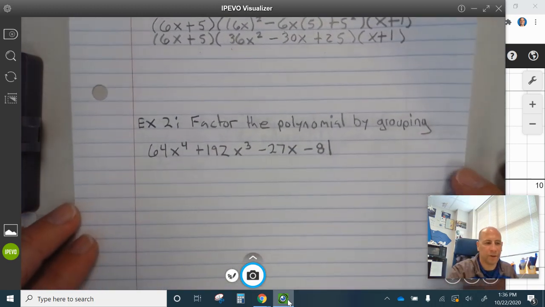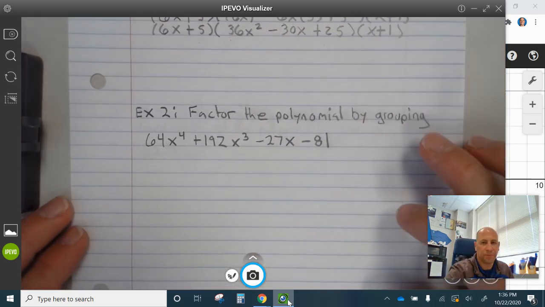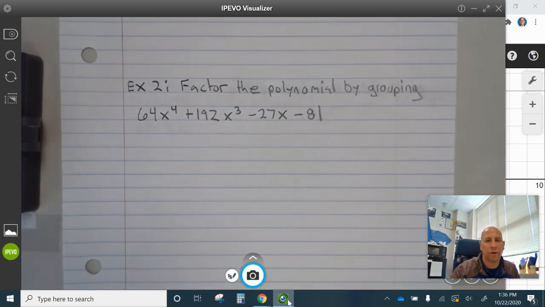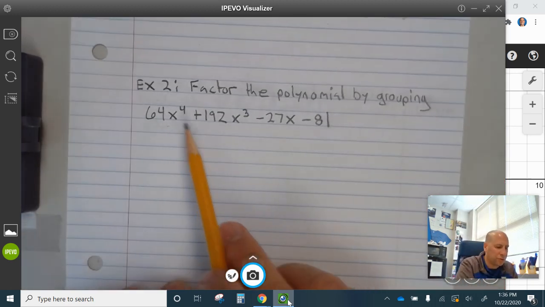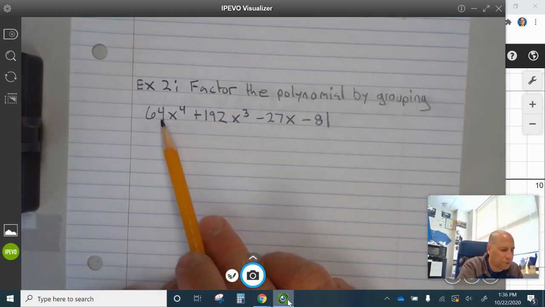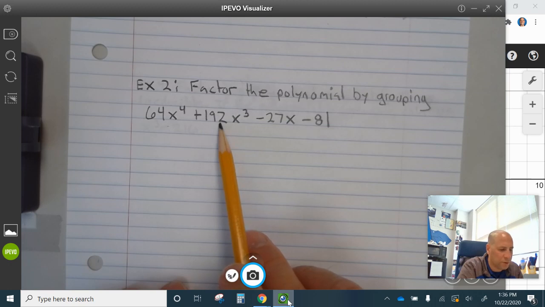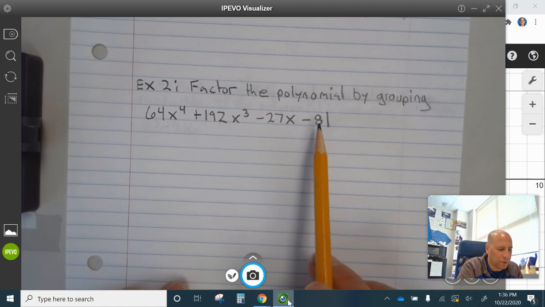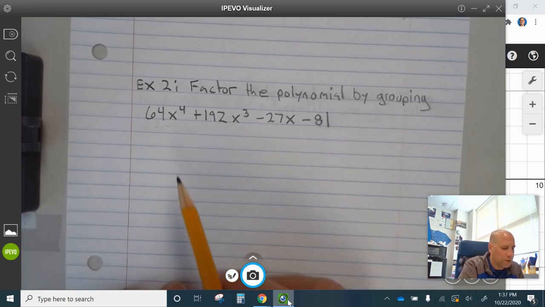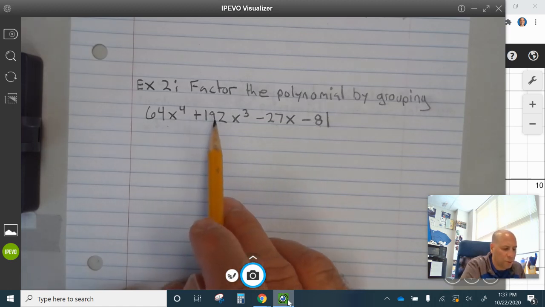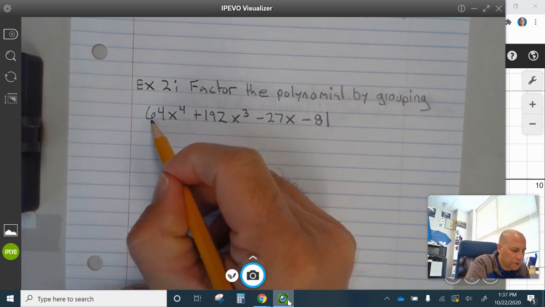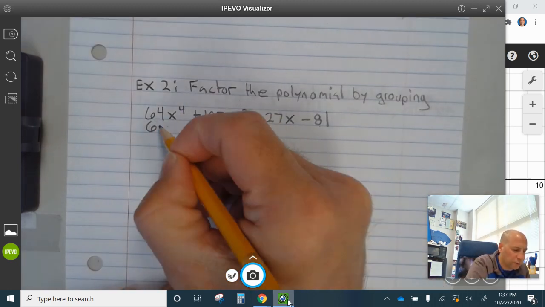All right, now let's take a look at example 2. Okay, factor the polynomial by grouping. And we can because there's 4 terms. So we're going to think, what can we factor from each of these terms? And what can we factor from here? Okay. So we can factor 64 from each of these terms, and actually also an x cubed.